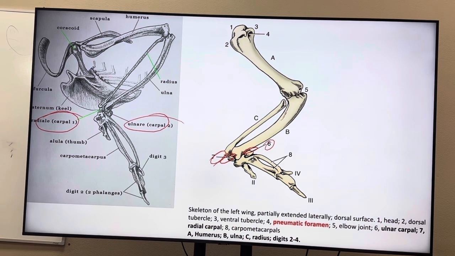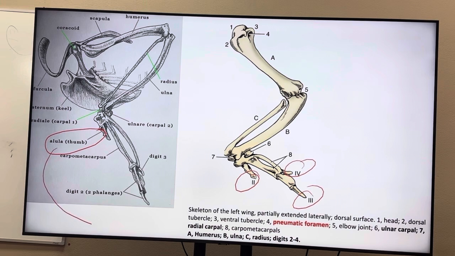So here we have 3 digits: digits 2, 3, and 4. Digit 2 is referred to as the alula, and digit 3 has multiple phalanges, that is 2 phalanges.